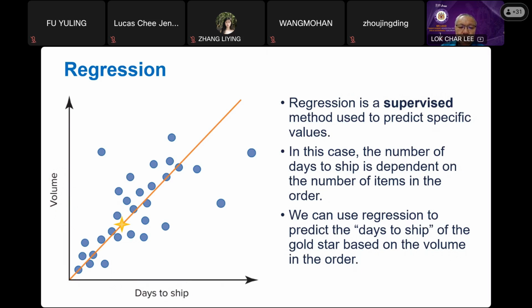I need to do a correction, because sometimes the drawing could be wrong, and when you see the drawing, something may not be explainable. So we can use regression to predict the days to ship. Days to ship is supposed to be our dependent variable. So we want to see the days to ship of the gold star based on the volume of the order. Based on the volume of the order, I can predict the number of days for the shipment.